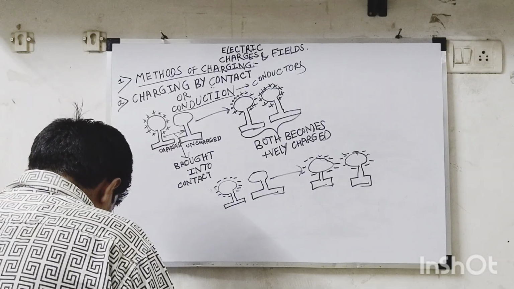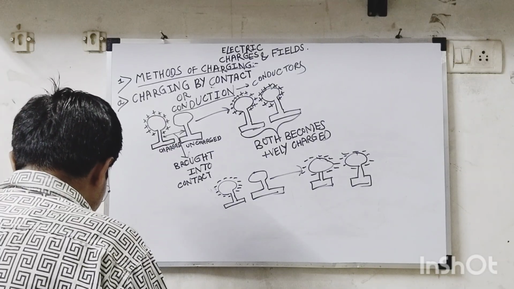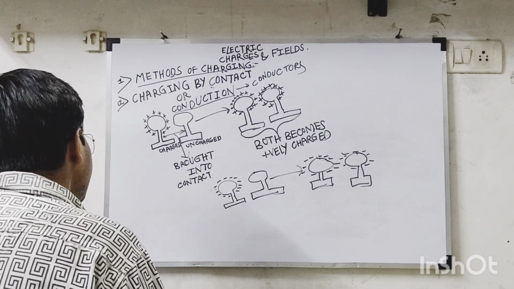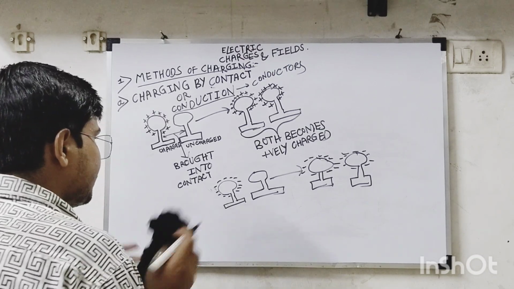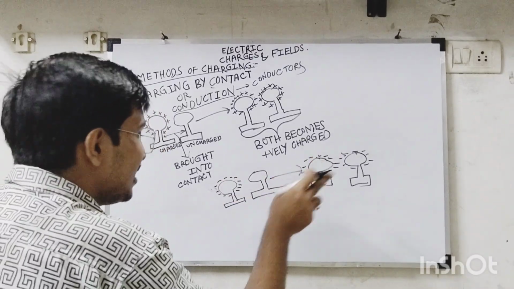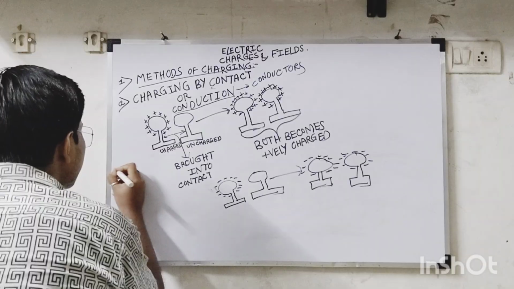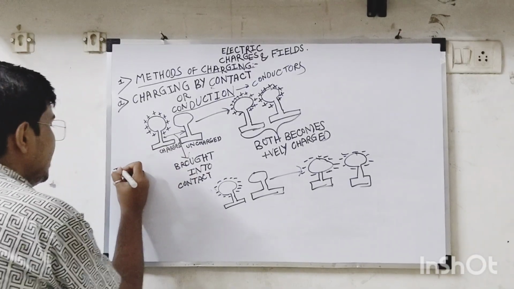Thus, the conductors will be charged with the same sign. This is called charging by conduction. I will write down the points for your help; you can frame it yourself also.